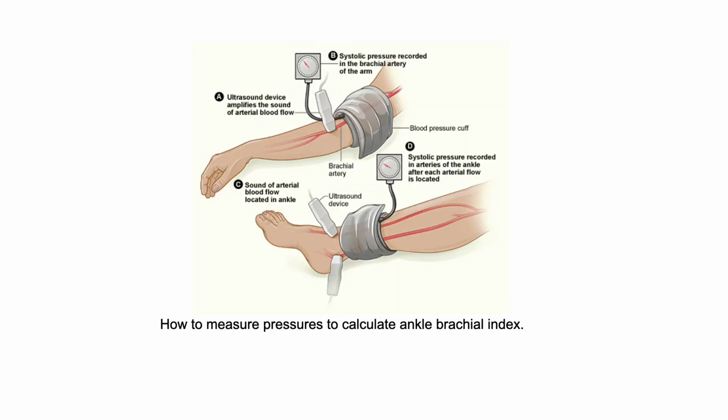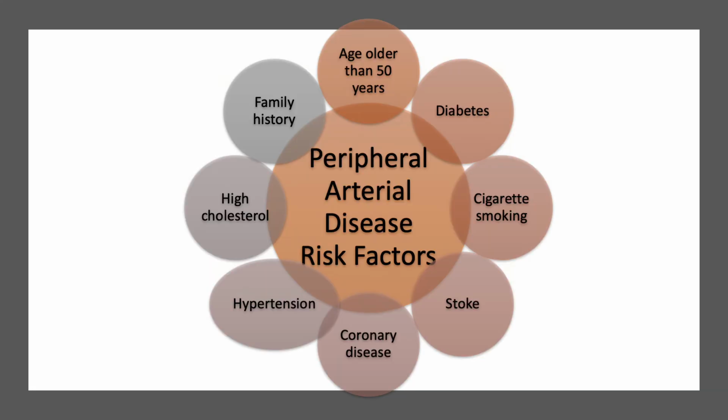So this is again how you measure and calculate your ABI, basically using your blood pressure cuff at the arms and at the legs. It's actually quite simple. Now looking at the risk factors, who is at risk of getting PAD?